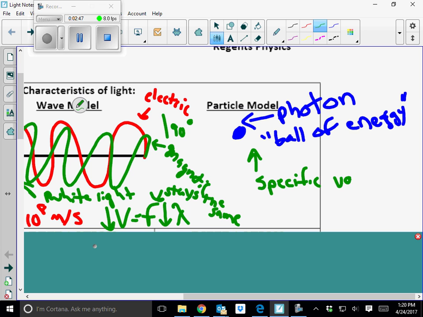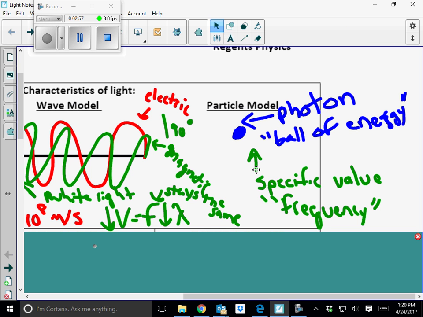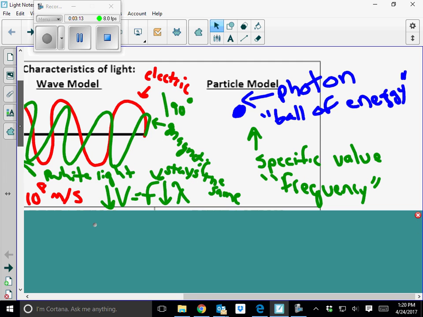And those specific values relate to the light's frequency. Like I can get a violet photon or an ultraviolet photon, or I can emit a red photon, and that will be a certain wavelength of like 650 nanometers if it was red. So we'll get more into that next unit, but I just want to introduce it here because it is one of the models of light.